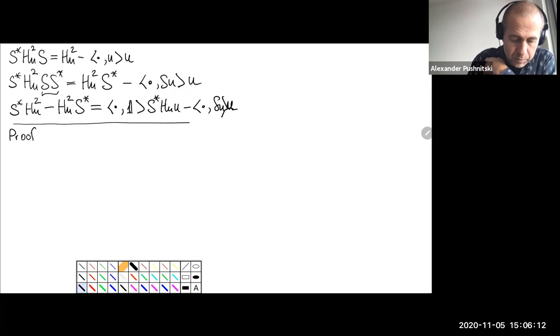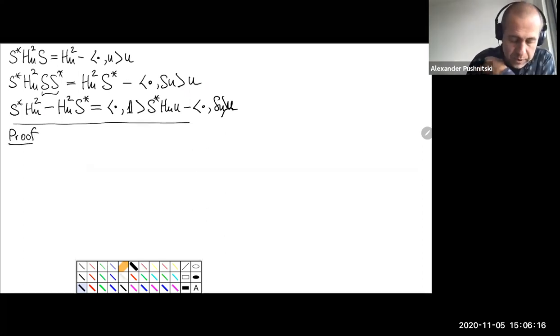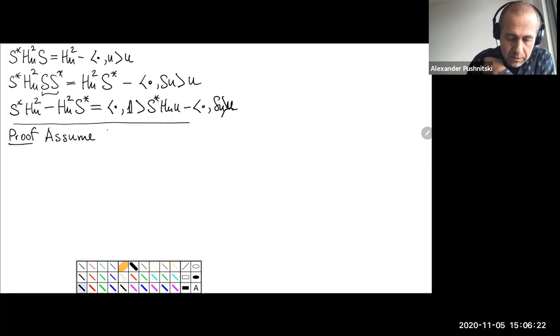Proof of the theorem. So we assume that our Schmidt subspace is not orthogonal to 1.